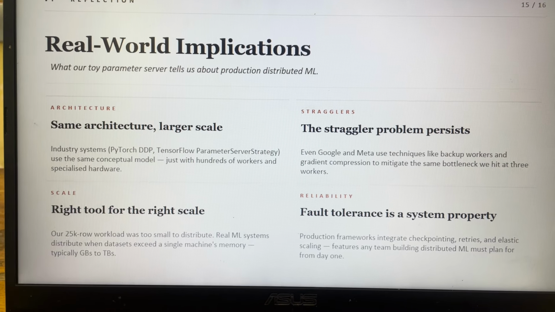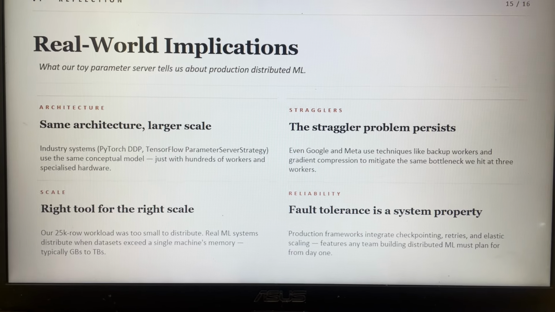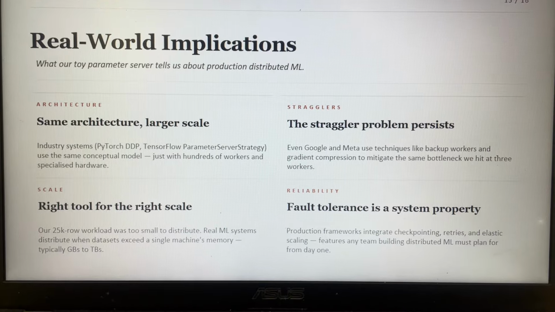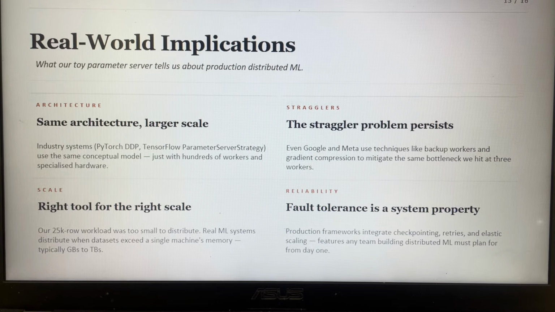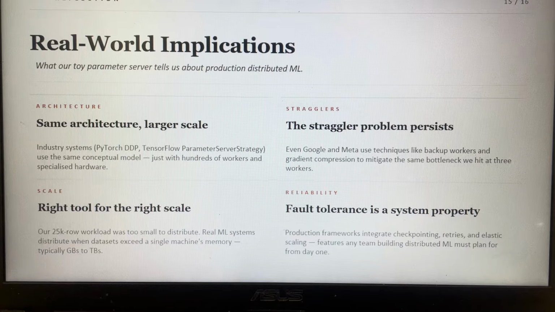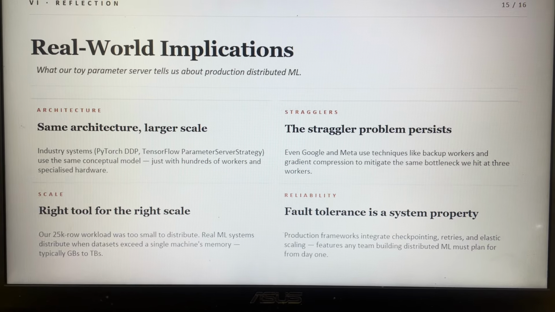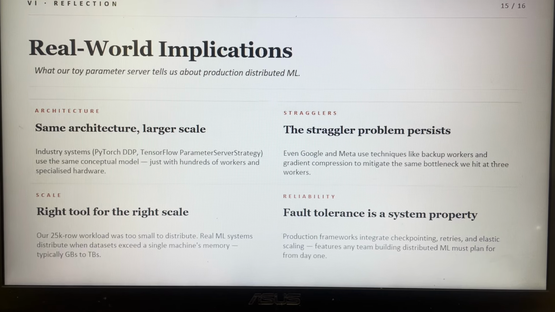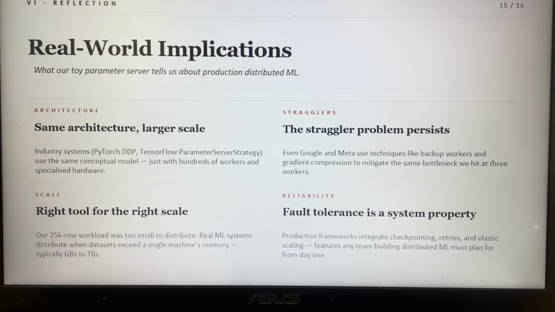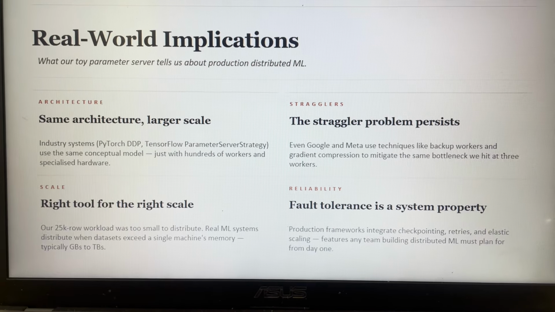The straggler problems also persist. Even Google and Meta use techniques like backup workers and gradient compression to mitigate the same bottleneck we hit at 3 workers.